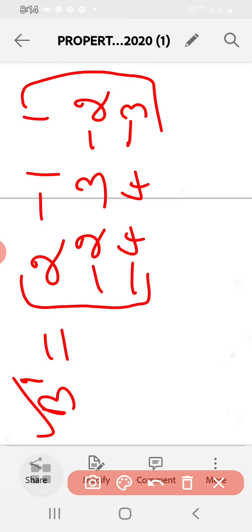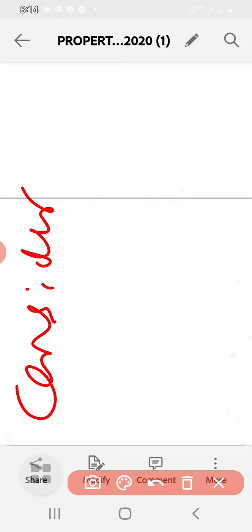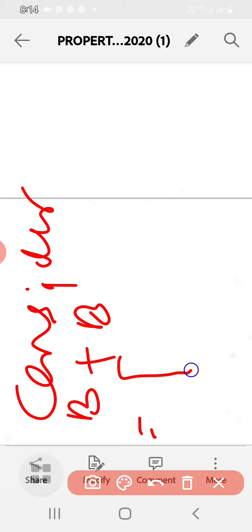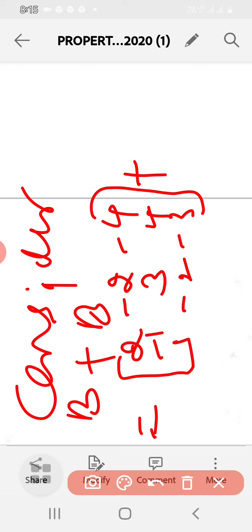Now we have to add B and B dash. So we have to find out what? B plus B dash. We have to find out this. So let us consider B plus B dash. So let me write this matrix here. 2 minus 2 minus 4, minus 1 3 4, then 1 minus 2 minus 3 plus.